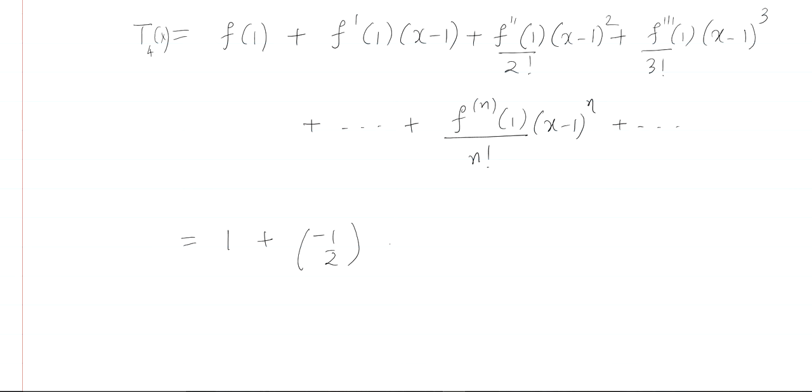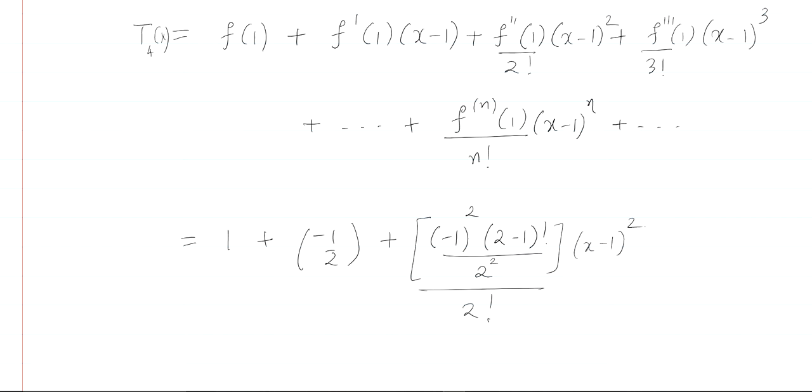So the next term, the f double prime, is going to be equal to plus minus 1 to the power 2 times 2 minus 1 factorial over 2 to the power 2, and then we divide all this by 2 factorial and multiply by x minus 1 squared.